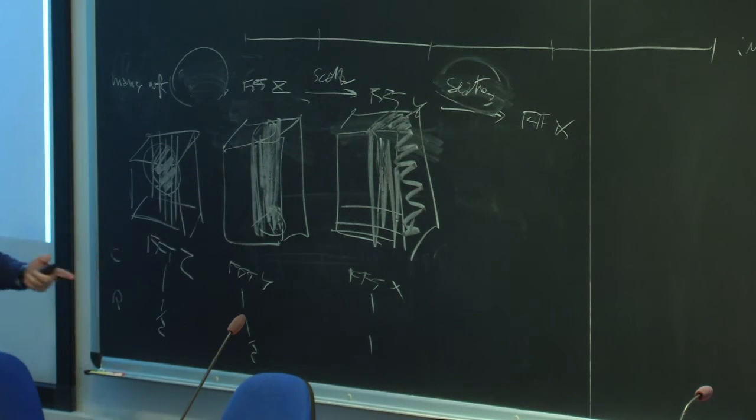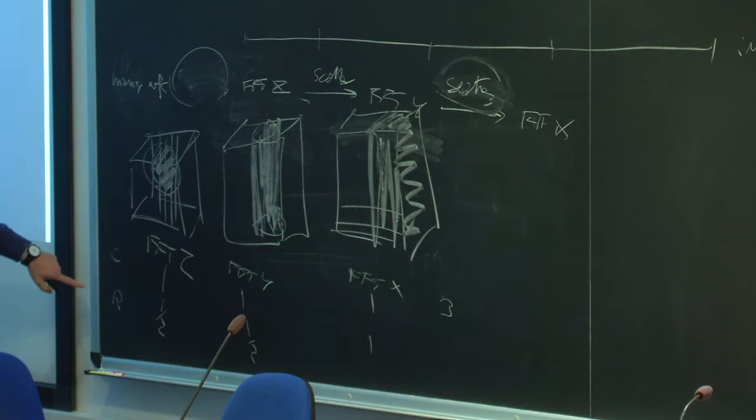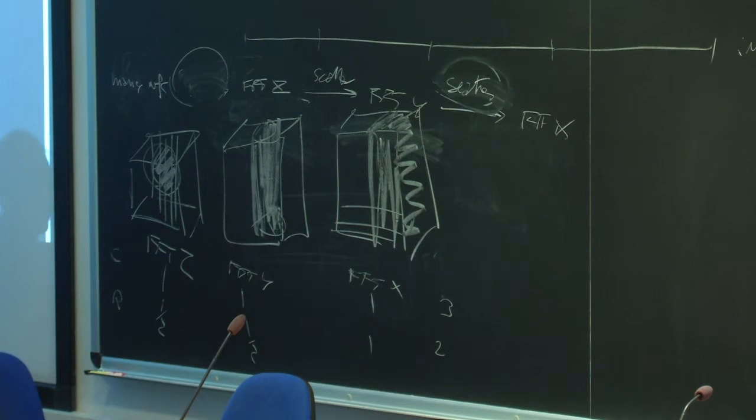So the complex calculation would cost 3, let's say in some unit, and the real space calculation would cost 2, which is better than 3, but is not 3/2.